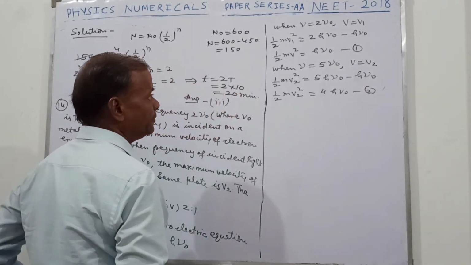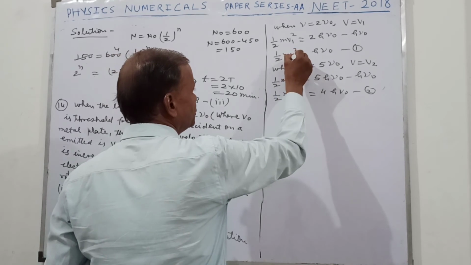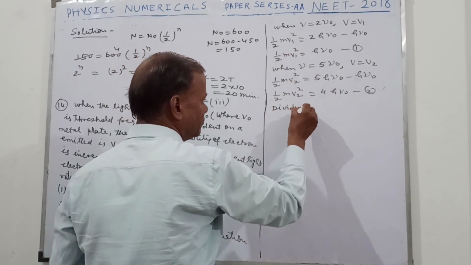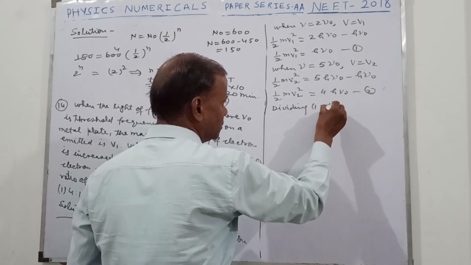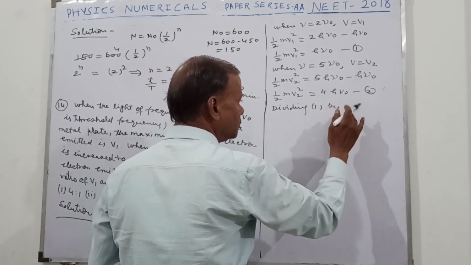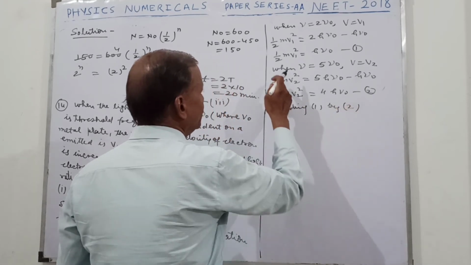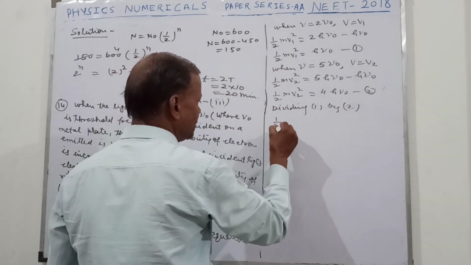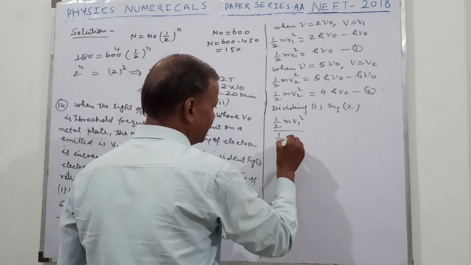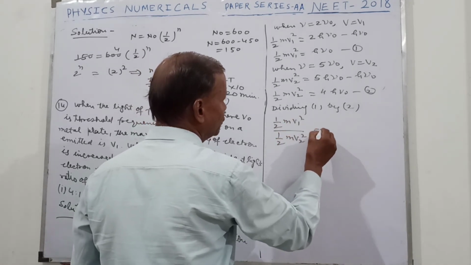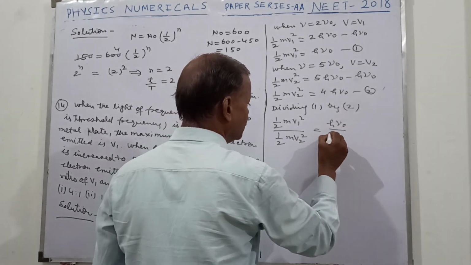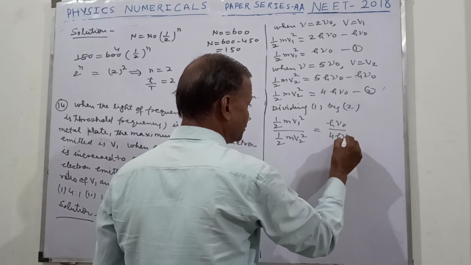Now divide 1 by 2. You will get half m v1 square upon half m v2 square equal to hν₀ upon 4hν₀.